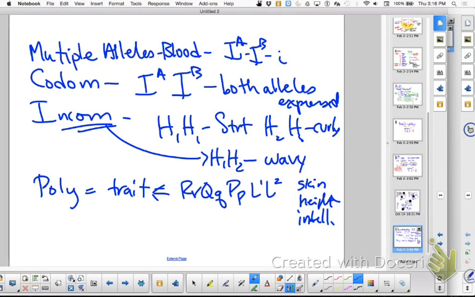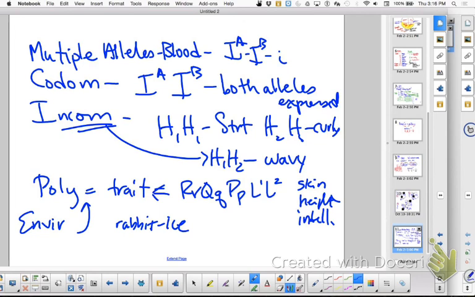All right, and then the last one is, we talked about environment. Environment especially works on polygenic traits, and that was the rabbit with the ice pack, right? And his hair grows in black. Or I told you the sex of alligators and such can be determined by the nest temperature.